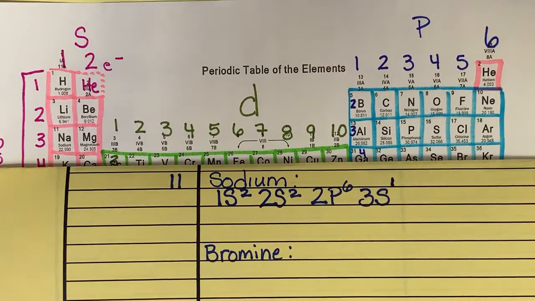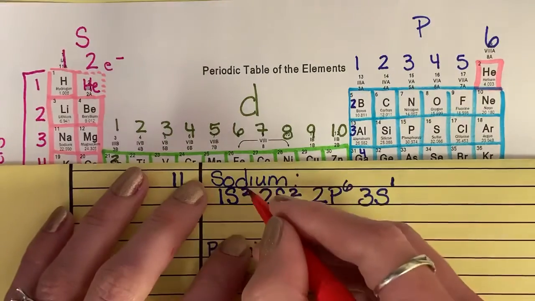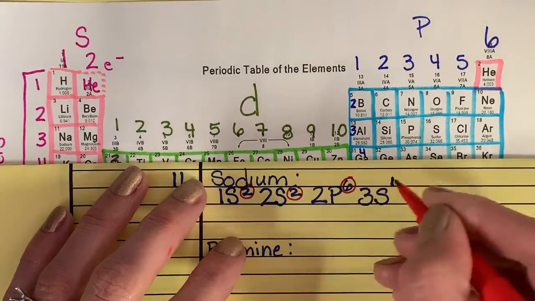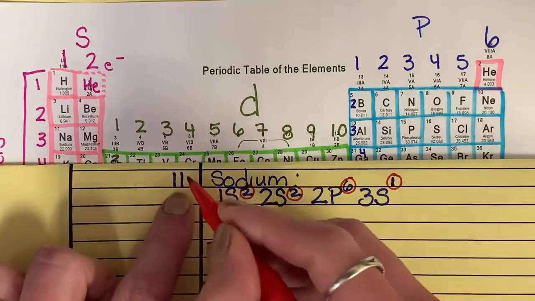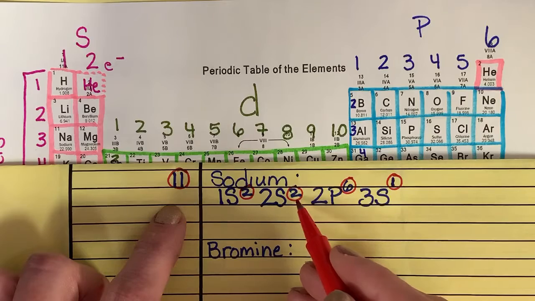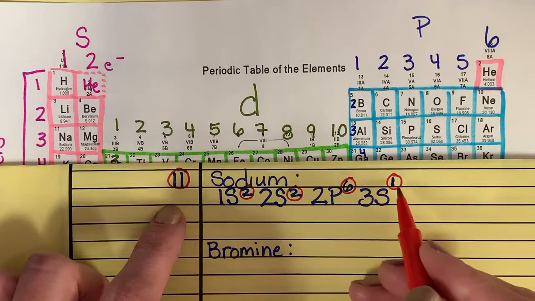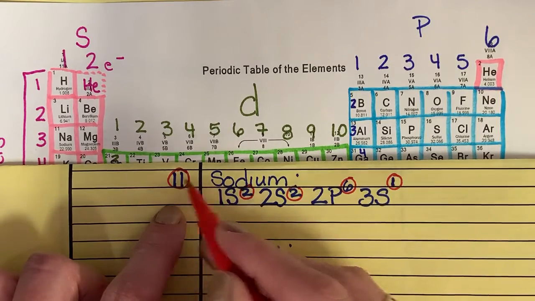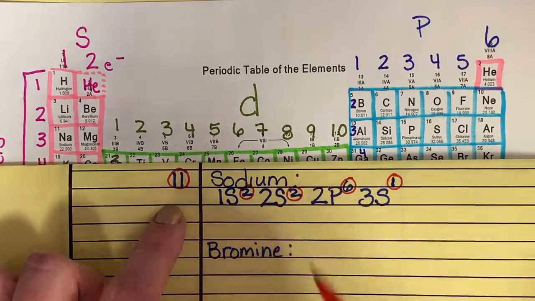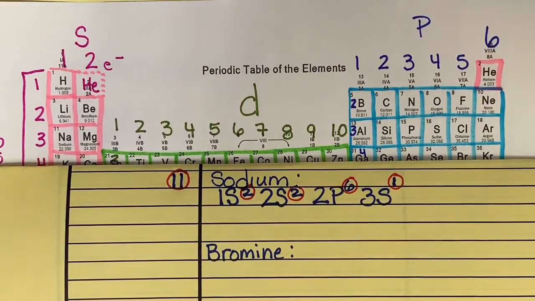So if I've done this correctly, all of these superscripts should total the number of electrons for my atom. 2 plus 2 is 4, plus 6 is 10, plus 1 is 11. So I've shown where all 11 of sodium's electrons are going to live.